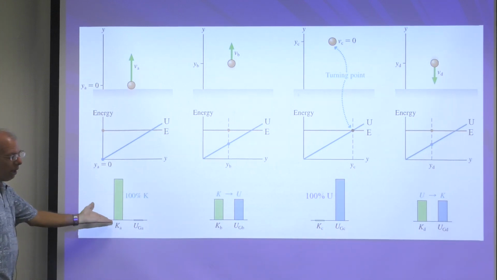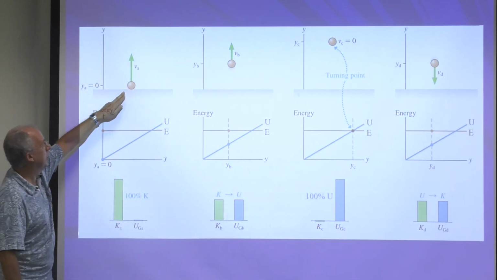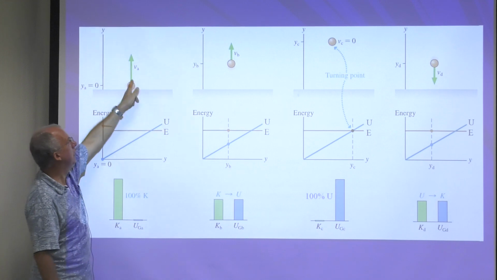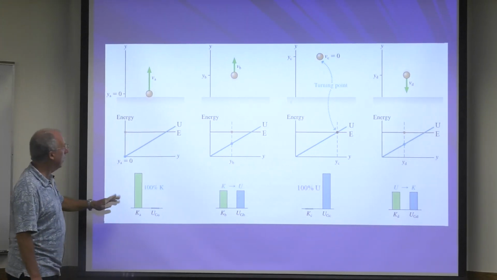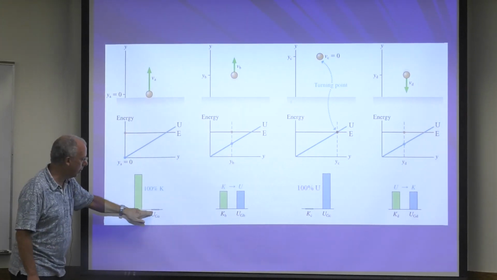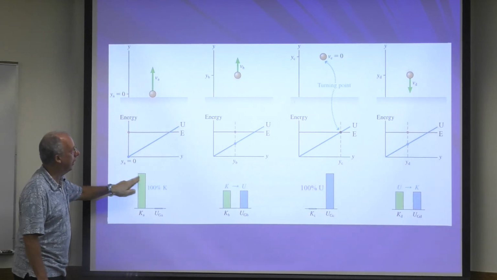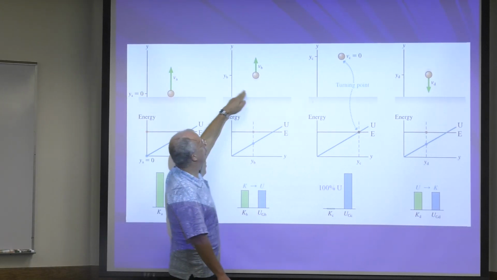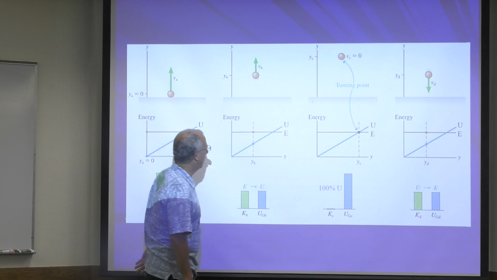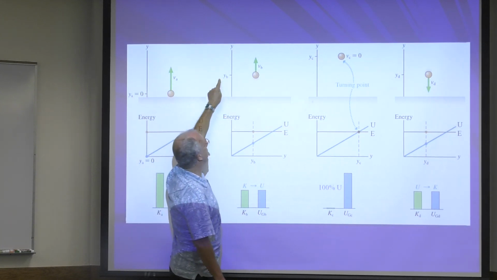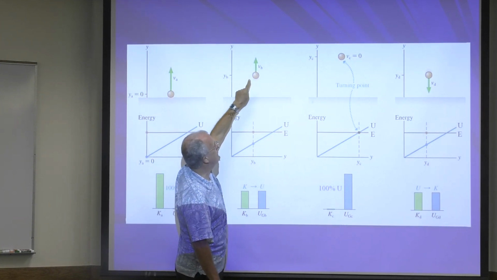And so here's the bar chart. Right at the beginning, we're throwing it up with some velocity vA. So at the beginning, there's no gravitational potential energy. It's all kinetic. Then we're at a height yB with velocity vB.